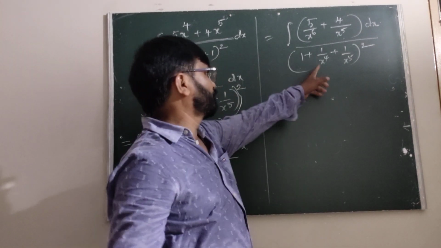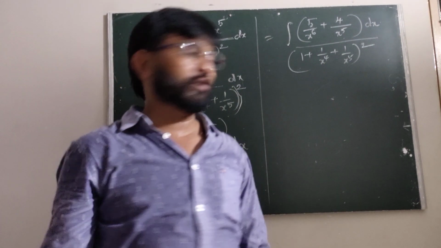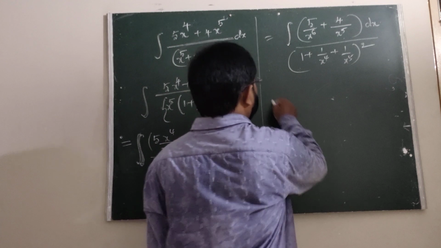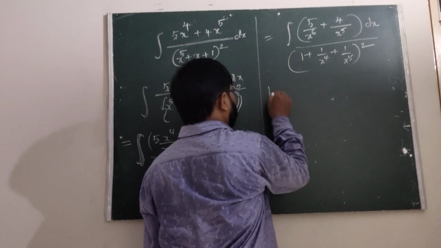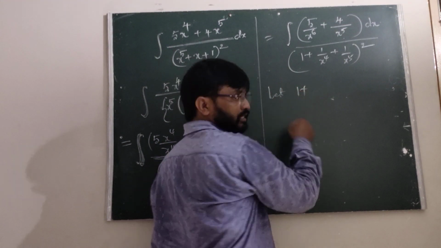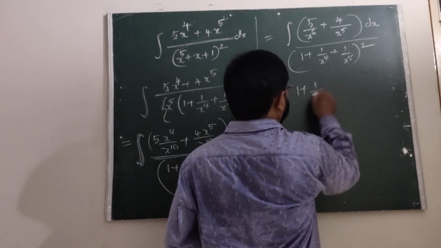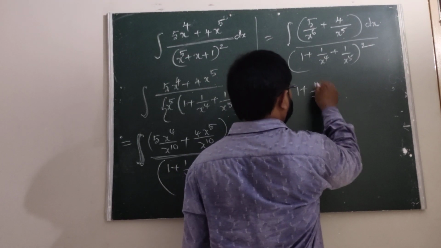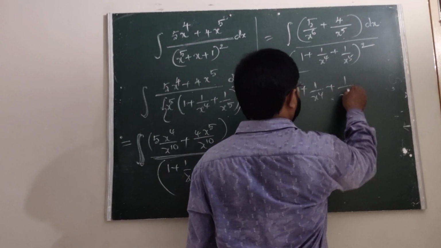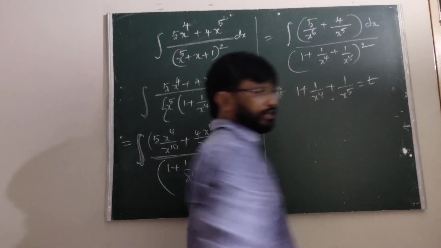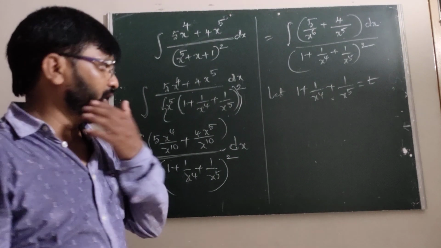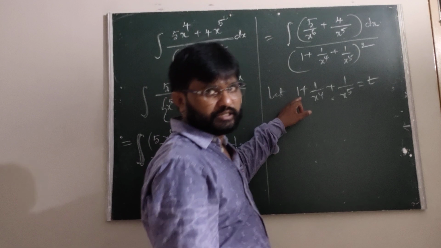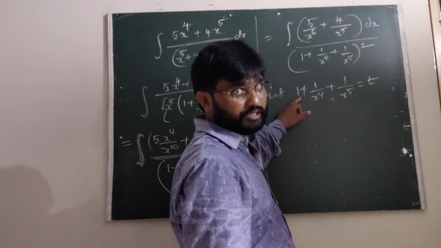Now we are taking this as t. Let 1 plus 1 upon x^4 plus 1 upon x^5 be taken as t. Here the derivative of 1 is 0.